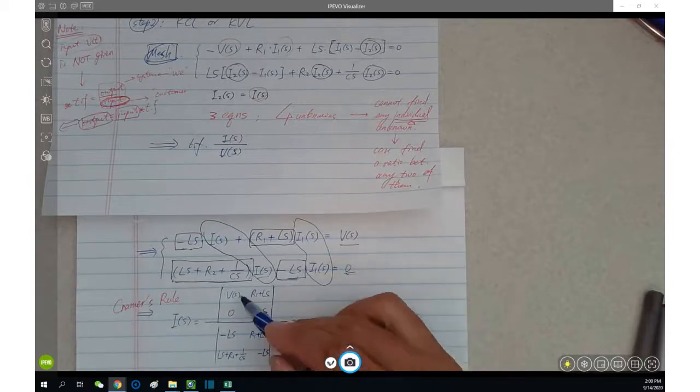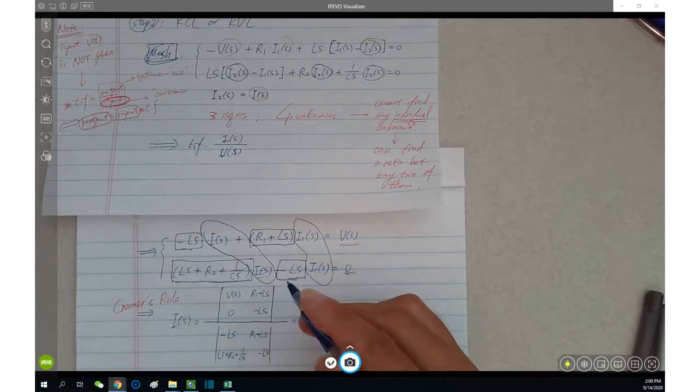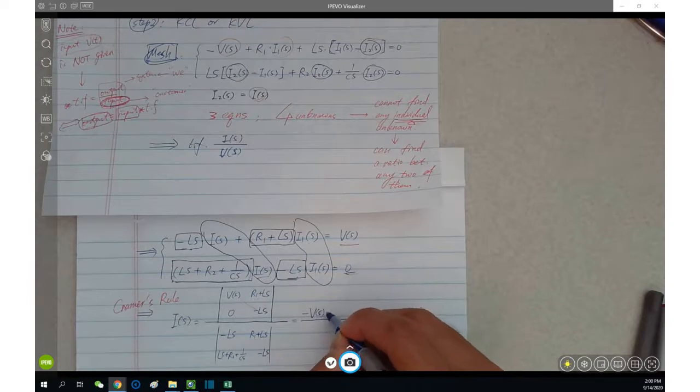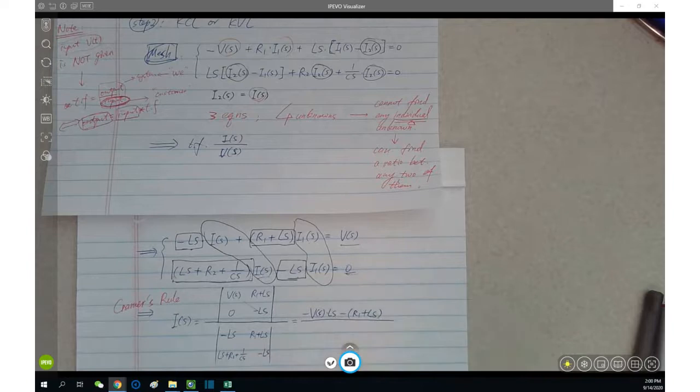The main diagonal product minus the off-diagonal product, right?